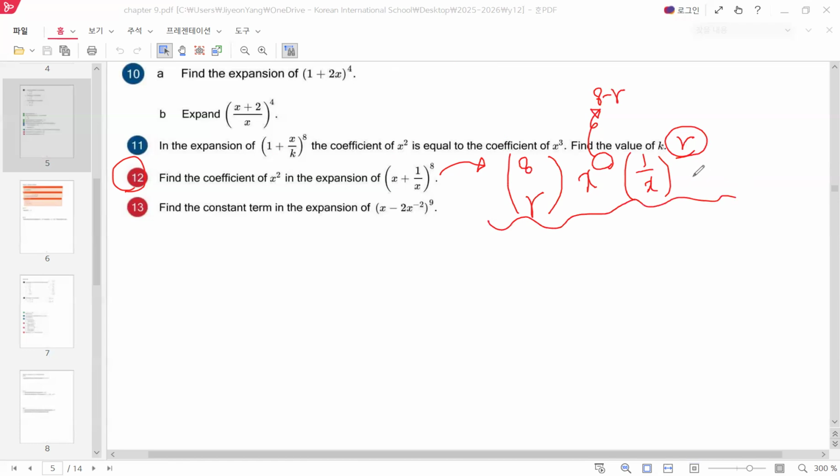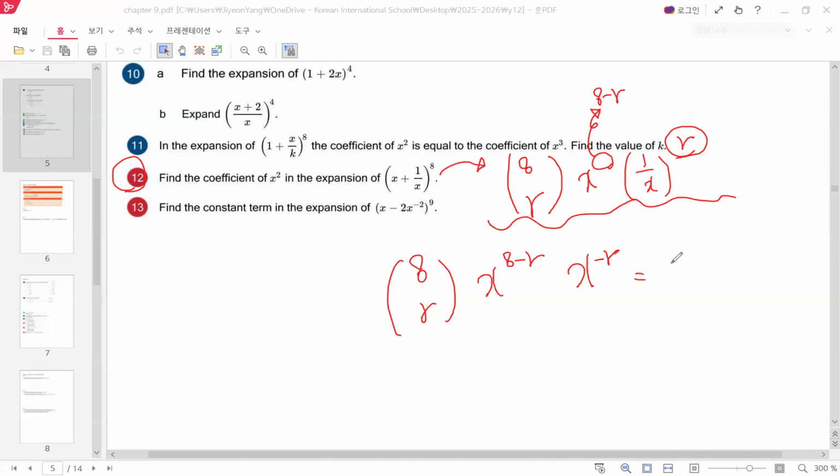Okay? And then they ask you to find the coefficient of x squared. So 8 and r, x to the power of 8 minus r. Then 1 over x is x to the negative 1, right? So you can change it to x to the negative r. Are you with me, students?